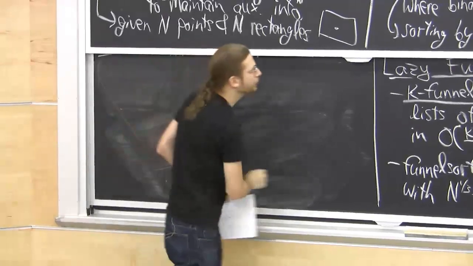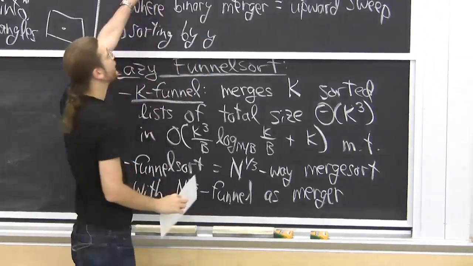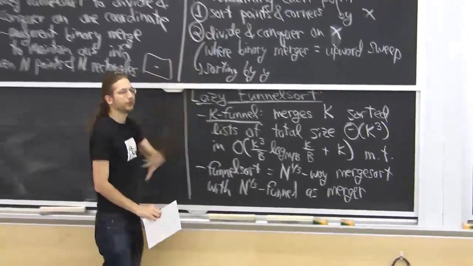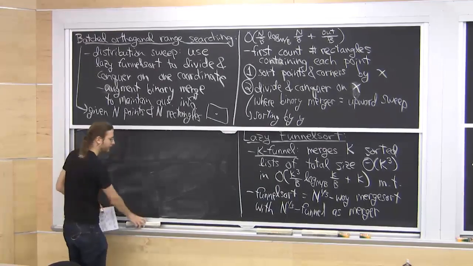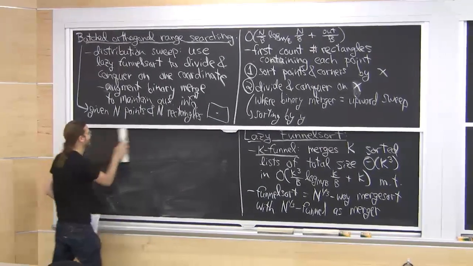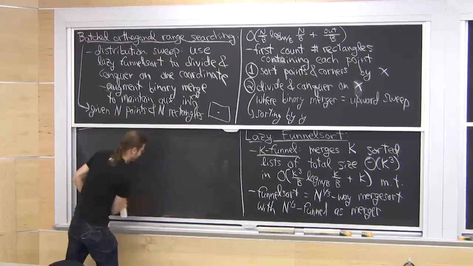If at this point you believe in funnel sort, you should believe that range counting is easy to do. And I've just hand-waved the range reporting part. Are you scribing? Is that why you ask? That's where we stand.